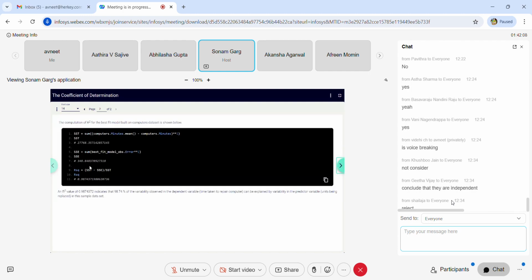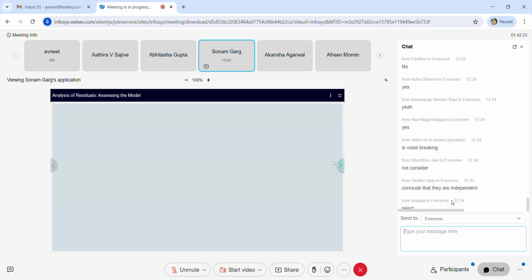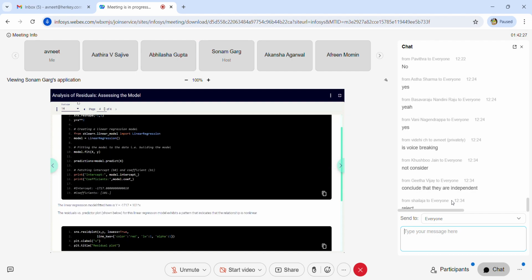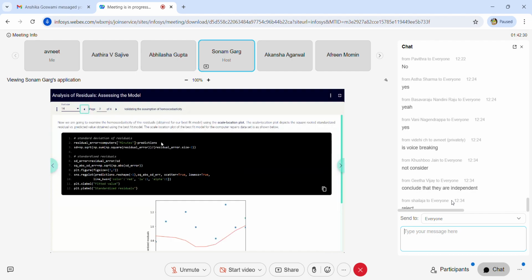Here they have done it manually to show you that it is coming to be 98%. Of the variability observed in the time taken to repair the computer, that is minutes, 98% can be explained because of the predictor variable. Analyzing the residuals for checking homoscedasticity, you can also plot.